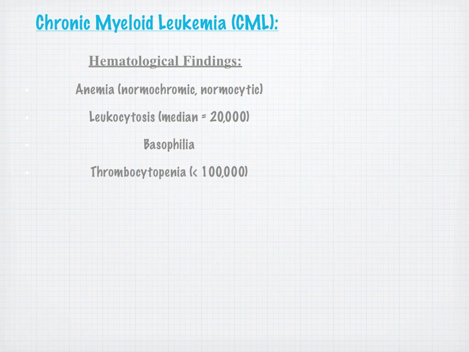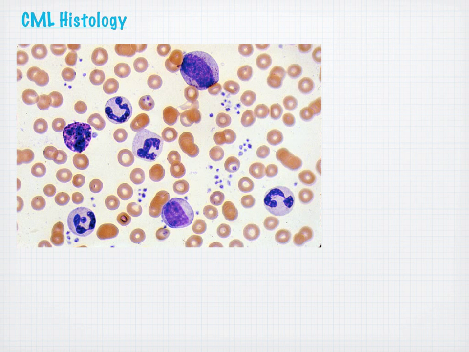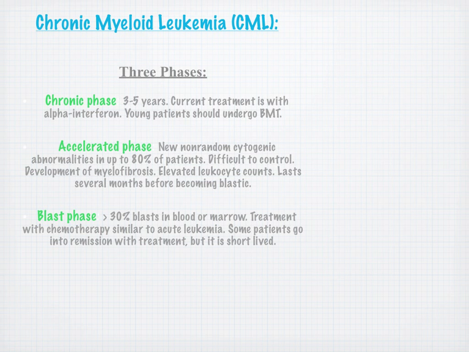Hematologic findings: we've got a median of 20,000, basophilia, and thrombocytopenia. All right, and then we go forward, and we see 3 phases: chronic, accelerated, and blast. The chronic phase, 3 to 5 years. Current treatment is with alpha interferon, and young patients should undergo a bone marrow transplant.